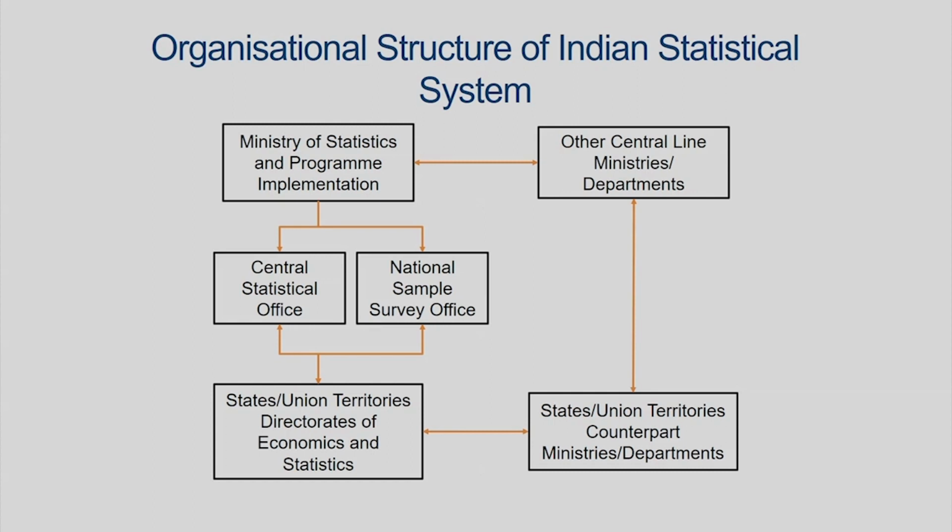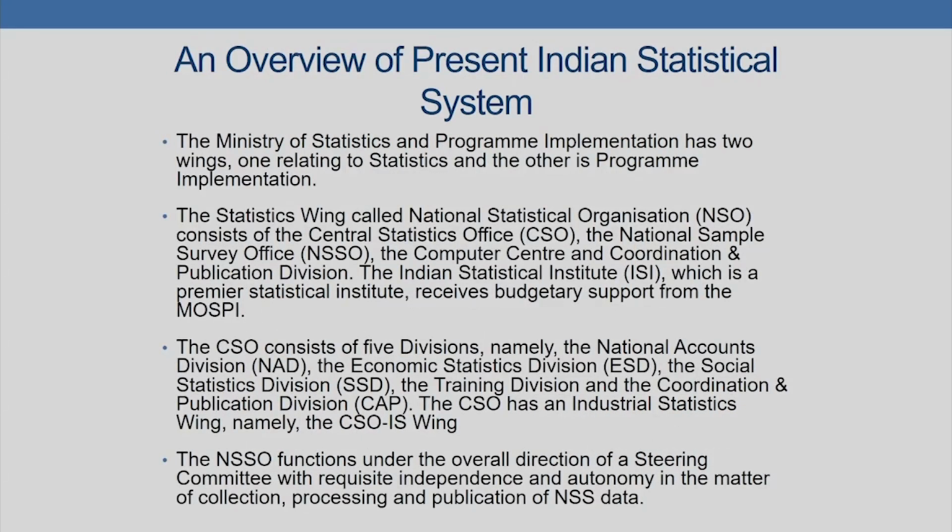However, all of these agencies work in unison, trying to coordinate their activities with regard to collection of data. Now, the Ministry of Statistics has two wings, one related to statistics and the other to program implementation. The statistics wing is called the National Statistical Organization, which consists of the CSO, the NSSO, the Computer Center and the Coordination and Publication Division. The Indian Statistical Institute, which is a premier statistical institute, receives budgetary support from the Ministry of Statistics.